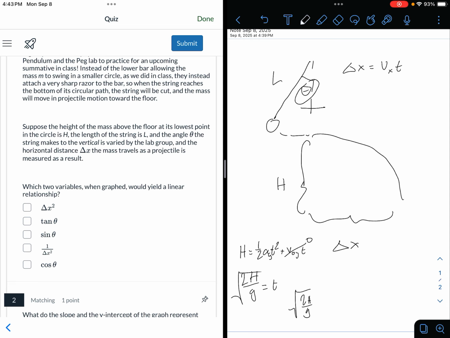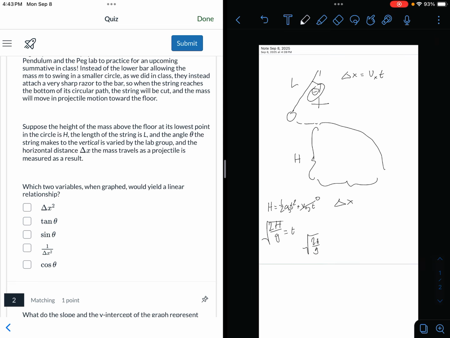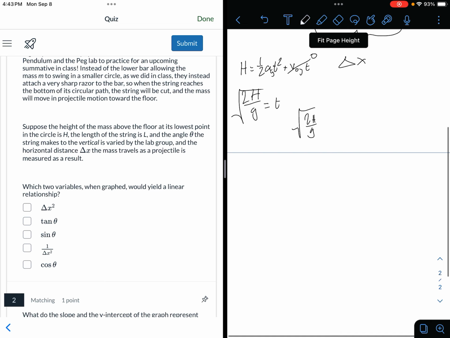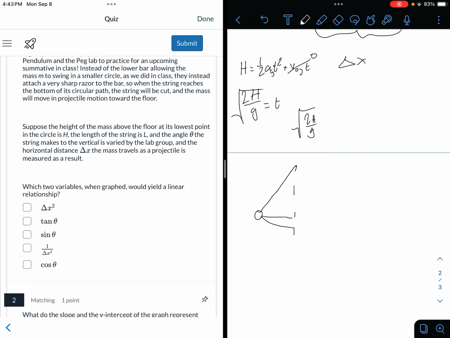Now, as for Vx, I could use energy for that. At the highest point where it starts, you would have UG initial equals K plus UG final.